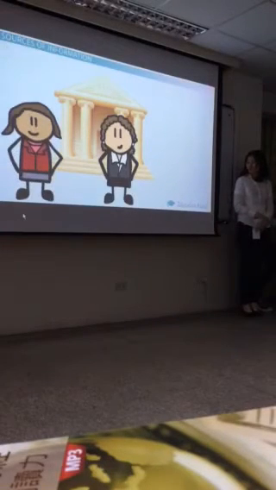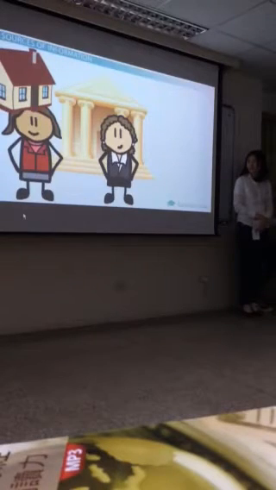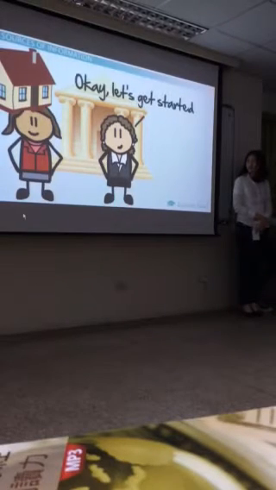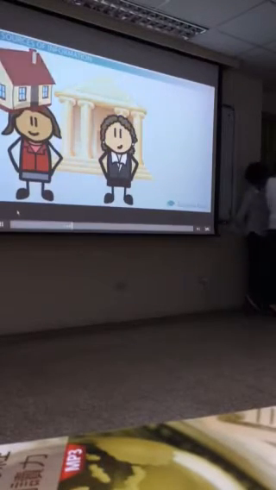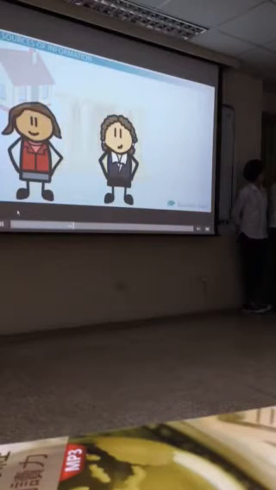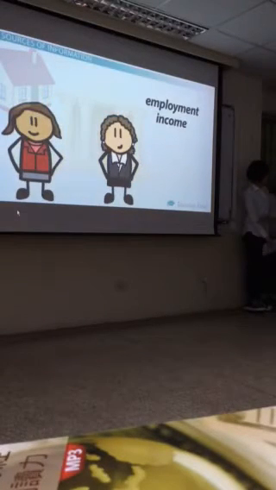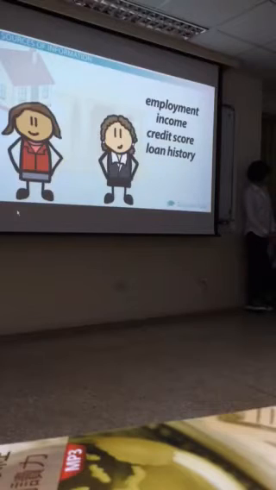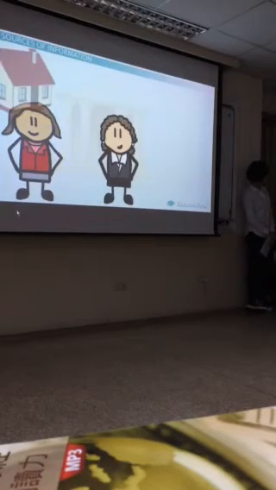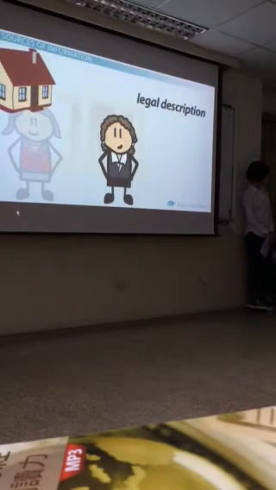A customer comes to the bank to request a mortgage loan to buy a house. The bank employee working with the customer will collect information to decide whether the bank will provide a loan to the customer and under what conditions. The information collected includes things like the customer's employment, income, credit score, loan history, and other financial information. Since this loan is to buy a house, the bank also collects information on the property, such as the legal description and the assessed market value.